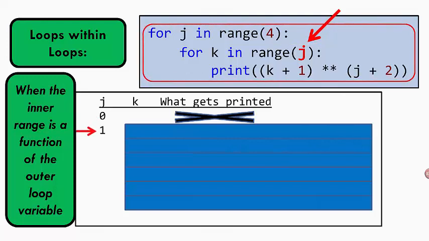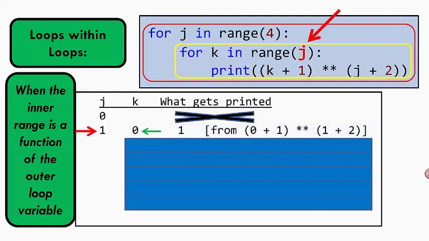J now becomes 1, was 0, and we re-enter the inner loop, the yellow loop. K this time will be in range 1, so it'll go 1 time with k being 0. That finishes the 1 time of the yellow loop, so we exit it and continue to running the j loop. J was 1, it now becomes 2.